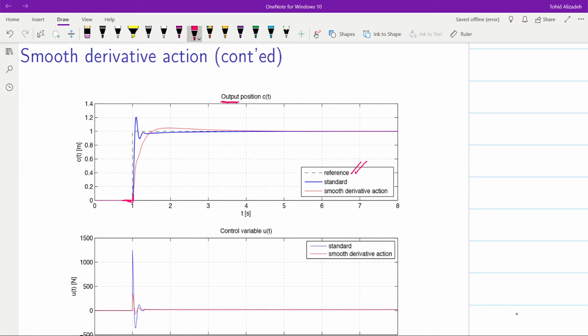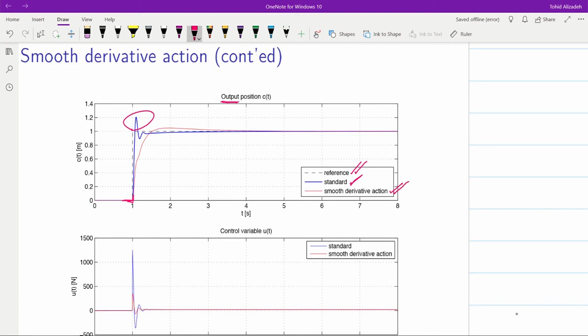With the standard realization of the practical PID controller, we will get the output in the form of this blue curve. You can see that we have some overshoot here. The third curve that you see is the one obtained by the smooth derivative action.